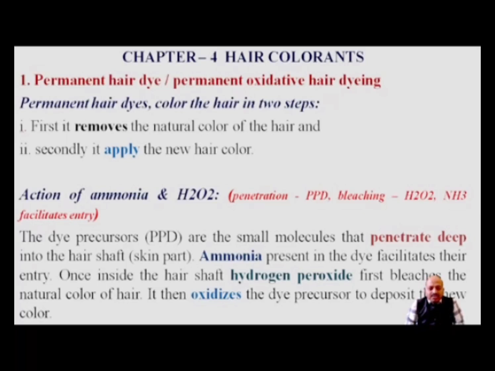The hydrogen peroxide bleaches the hair to remove the natural color, and then it oxidizes the dye applied on the surface of the hair follicle, using the precursor PPD, so that the new color will be deposited on the hair follicle permanently. This is about the action of ammonia and hydrogen peroxide in permanent hair dyes.